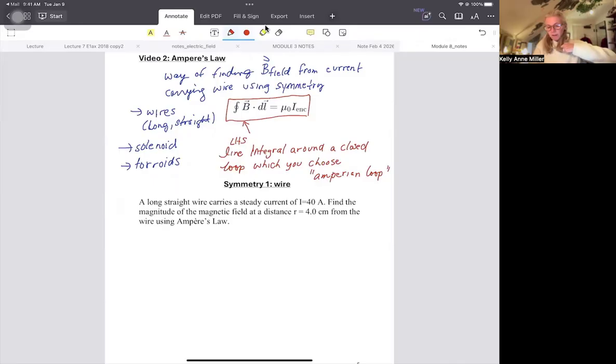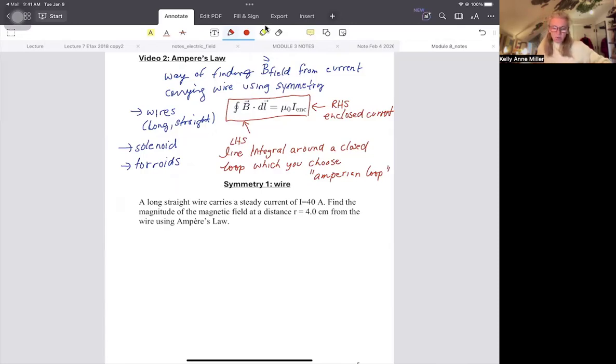And the line integral around that path, the left-hand side of the equation, equals the right-hand side, which is just the enclosed current. So it's sort of like the Q enclosed in Gauss's law. Okay, and it's just times a constant.